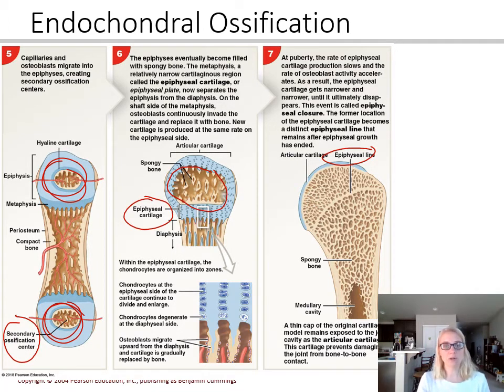There's a whole table at the end of the chapter that gives you age ranges on when those epiphyseal lines close, like 10 years old, 12 years old, 18 years old. So that kind of gives you an idea as to the age of which the diaphysis finally meets the epiphysis, and we close off that cartilage plate, and now we just have the epiphyseal line. And that would be your mature bone, which if you're over 25, that's all of our skeleton would be that way.